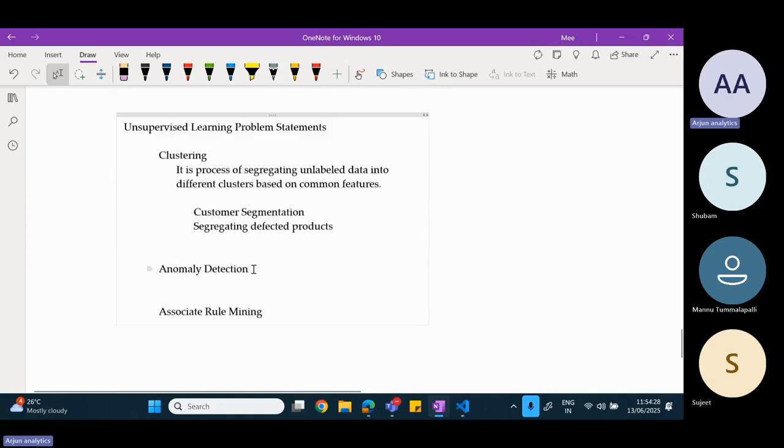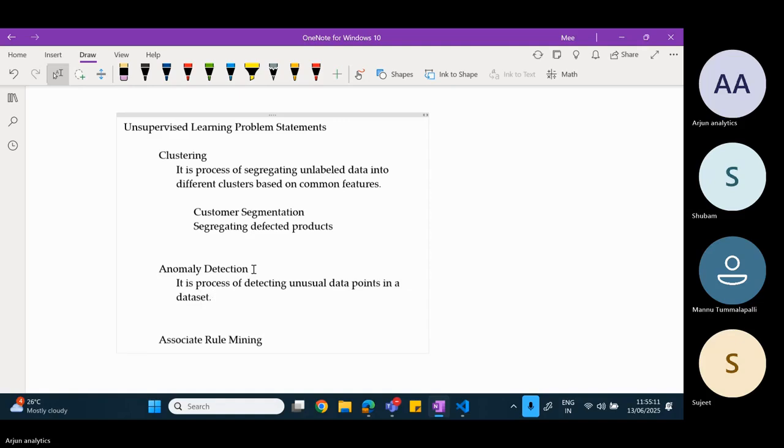Now, anomaly detection is a process of detecting unusual data or unusual events in a data set. It is a process of detecting unusual data points in a data set.